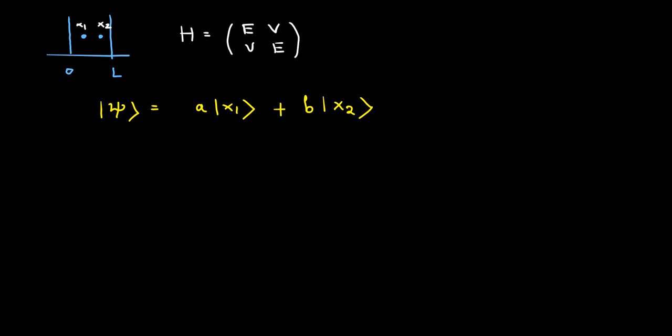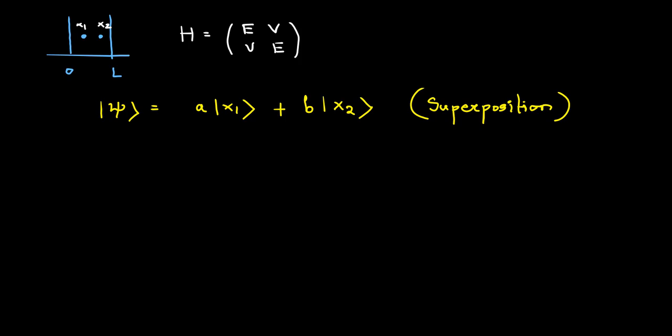This is a superposition state. Before, we didn't see this kind of object coming in, but now because of the nature of the Hamiltonian and the stuff that we are dealing with, we have something called a superposition state.